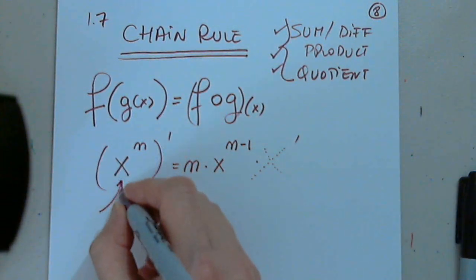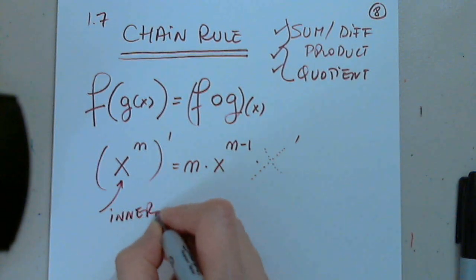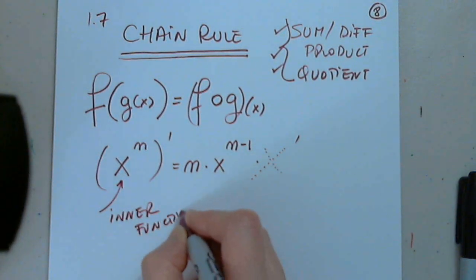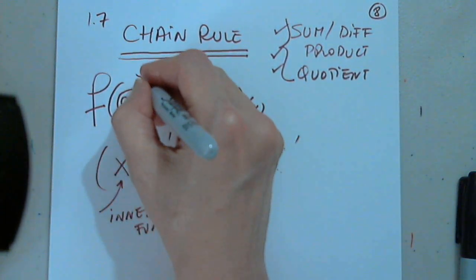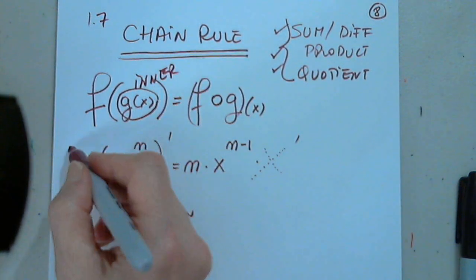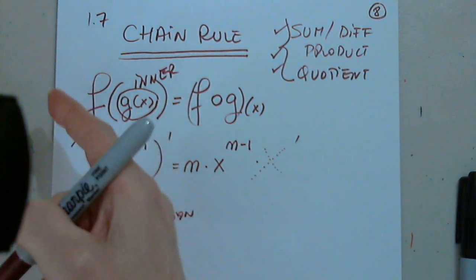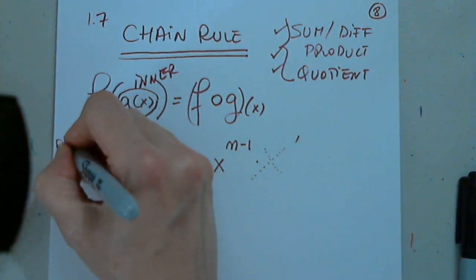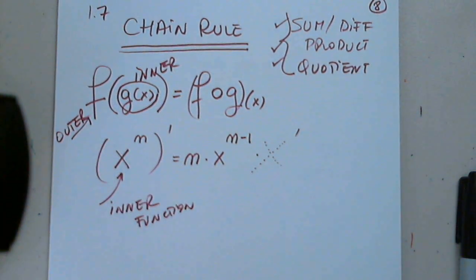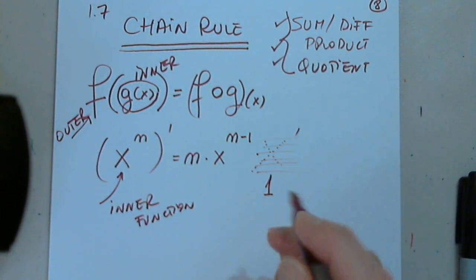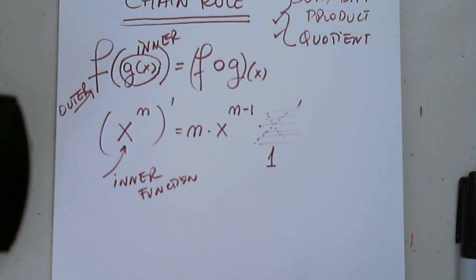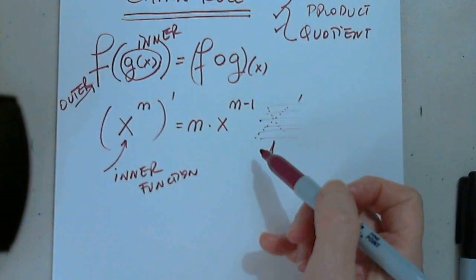This is the inner function, like this one. This is the inner, inside, inner. And this is the outer. This function is applied to the inner, outer. But the reason why we omitted this is because this was 1. We can no longer omit it.